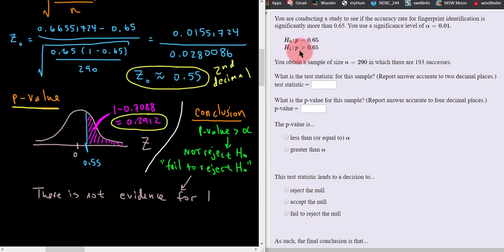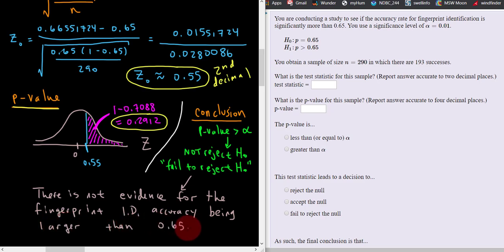There's not evidence for the fingerprint identification accuracy being larger than 0.65. Because we are not rejecting the null hypothesis, we do not have evidence for the alternative. The alternative says that the accuracy rate is larger than 0.65.